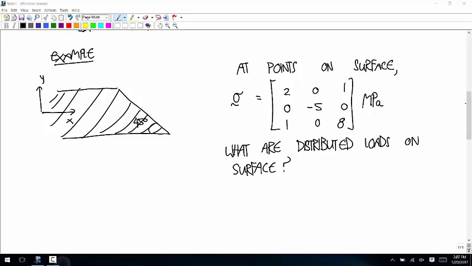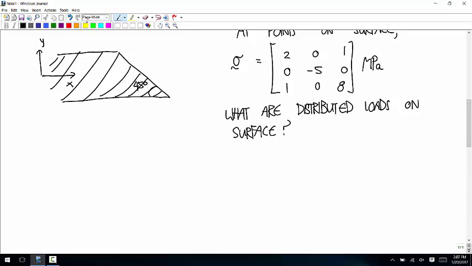Well, to figure out what the outward facing normal is, here's the coordinate system. I'm going to draw a vector like this that's parallel to the face. We know this angle is 45 degrees. And an outward facing normal is perpendicular to that.